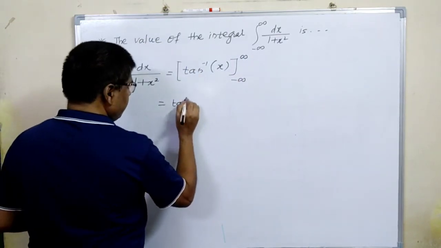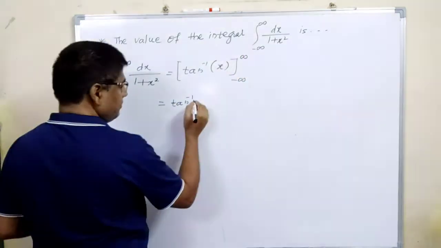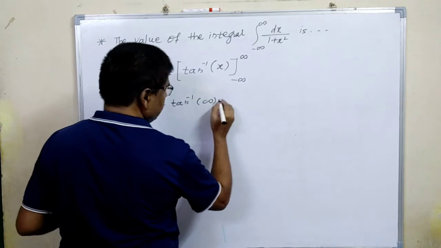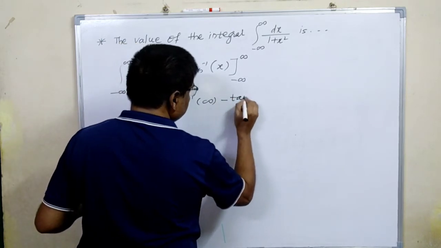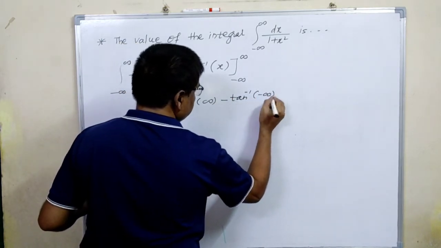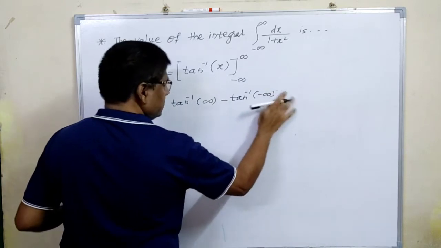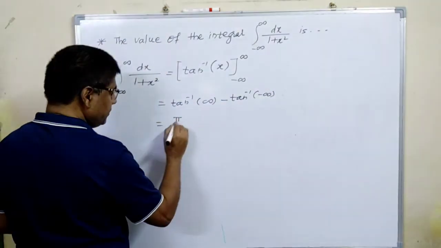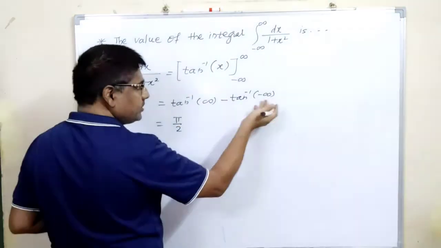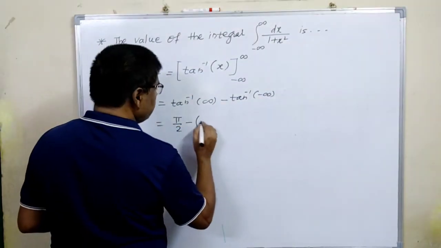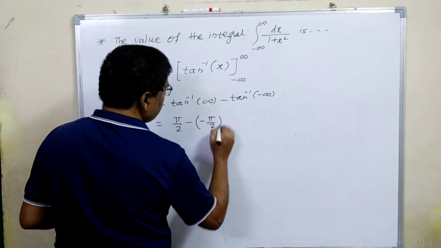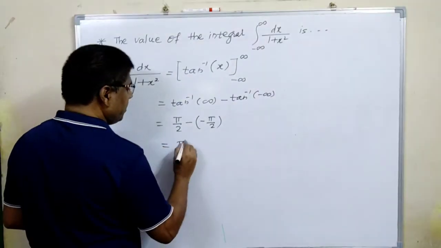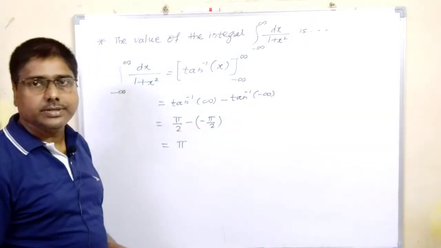Put the upper limit, tan inverse of infinity, minus tan inverse of minus infinity. Tan inverse infinity is pi by 2 and tan inverse minus infinity is minus pi by 2. Therefore, the final answer is pi, since pi by 2 plus pi by 2 is pi.